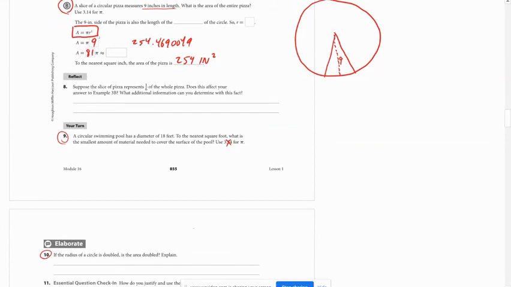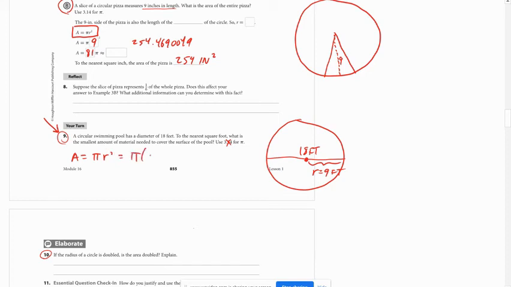All right, so go ahead now and pause your video, try number 9, and then press play when you're ready to check your solution. Okay, so we have a circular swimming pool with a diameter of 18 feet. And so the radius is half of that, and that's 9 feet. And so the area is pi times the radius squared.